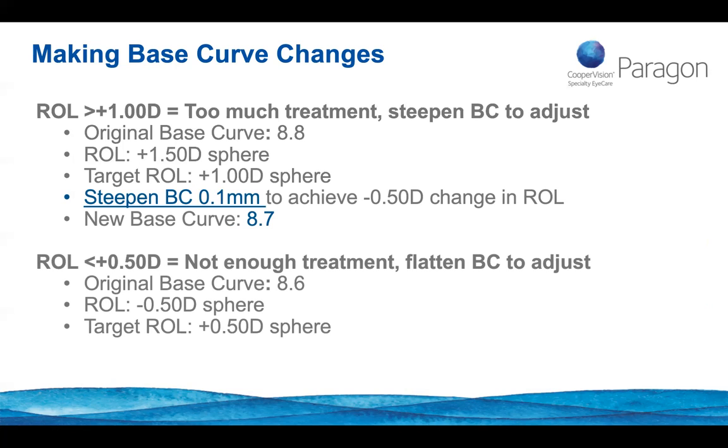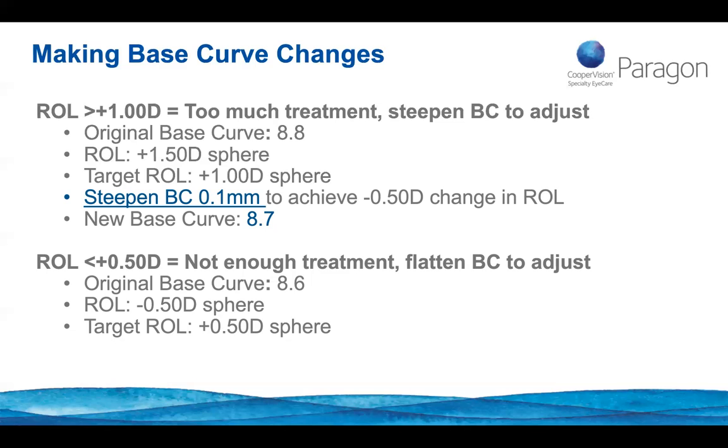Now, what happens when the ROL is less than plus 50? This is actually quite more frequent than an ROL having too much plus. When the ROL is less than plus 50, that means there's not enough treatment and we need to flatten the base curve to adjust. So let's take, for example, a patient has an 8.6 base curve. And to help them reach 20/20, they have an ROL of half a diopter of minus.